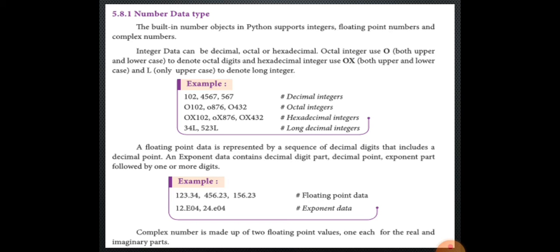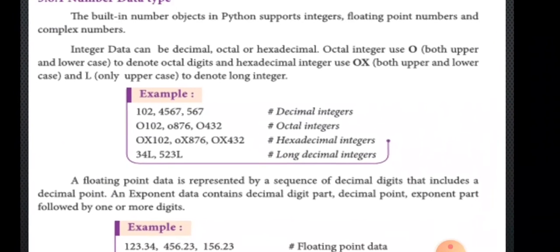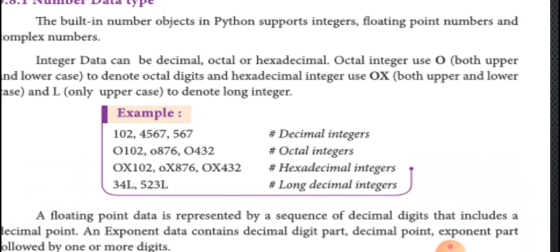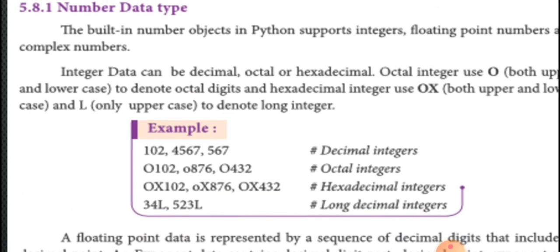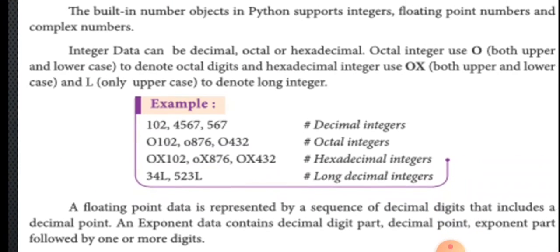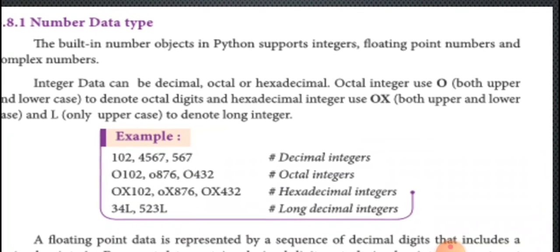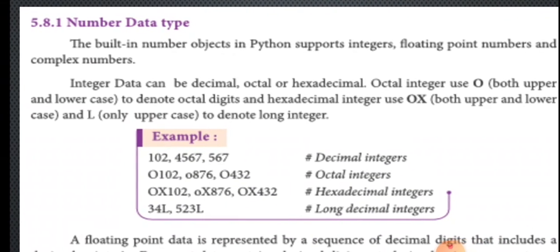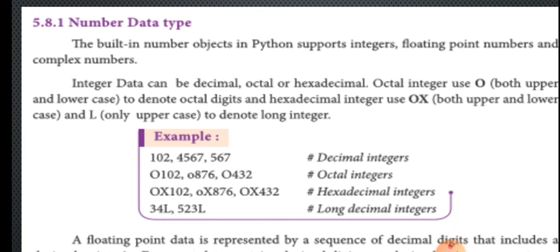For example, if we store a equal to 10.5 or 5.7, a number with a fraction is known as a floating point number. And a complex number means a number which has both a real part and an imaginary part.